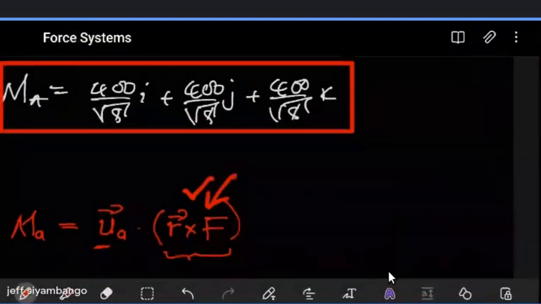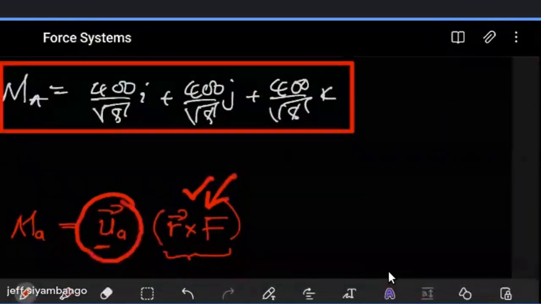The only thing we now need is a unit vector that points in the same direction as the edge AB. So what do you think is the unit vector that points in the same direction as the edge AB?